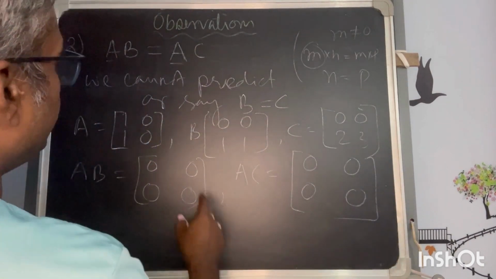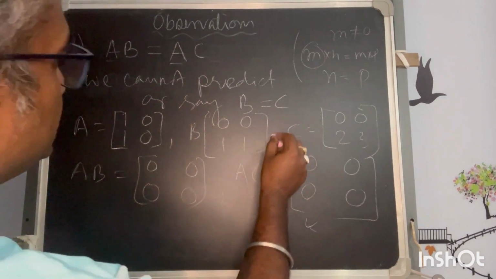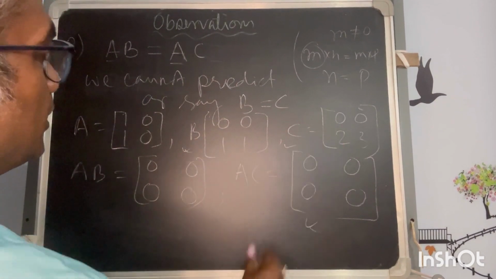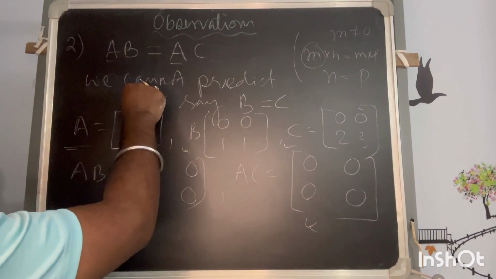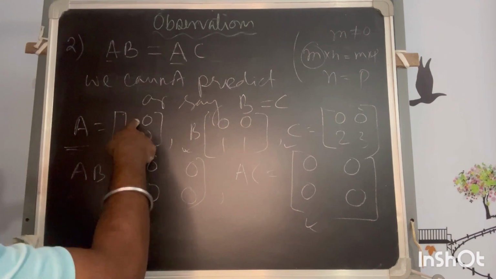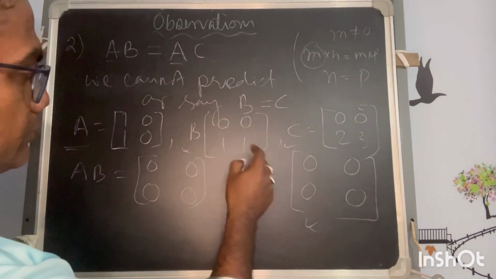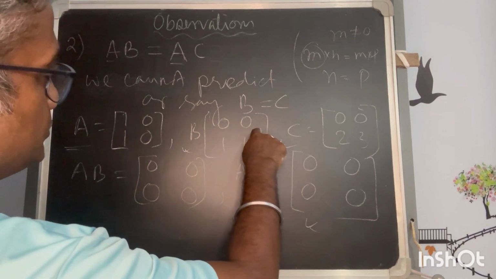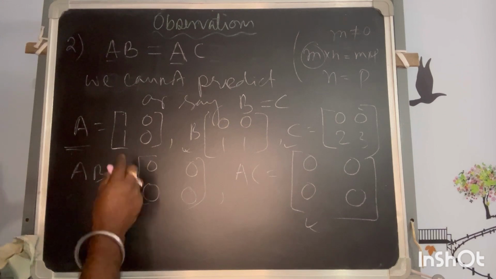So you can get AB equal to AC, both all 0, but if you see the matrices individually, B and C are not equal. A different kind of pattern is coming: if the common matrix has one column all 0 and the matrix with which I am multiplying has one row 0, then this is possible. So this will follow a pattern.